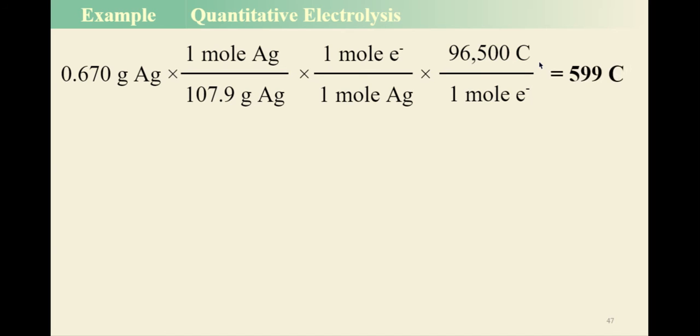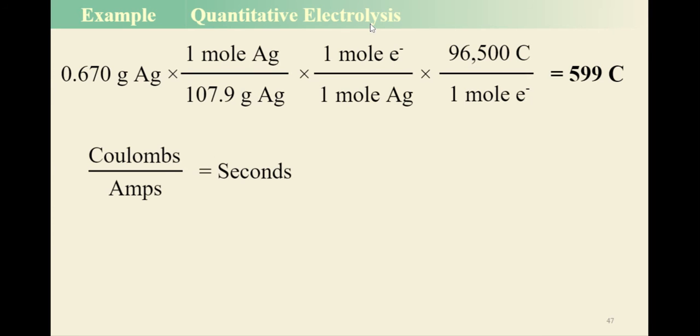So we multiply and divide, and we get just under 600 coulombs. Now, if we wanted, we could have alternatively multiplied by Avogadro's number. We could have also seen how many electrons it took, but that would be a different question.